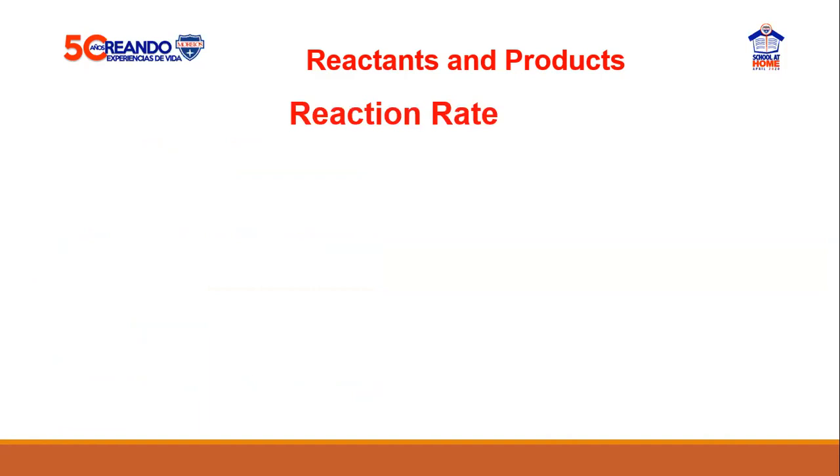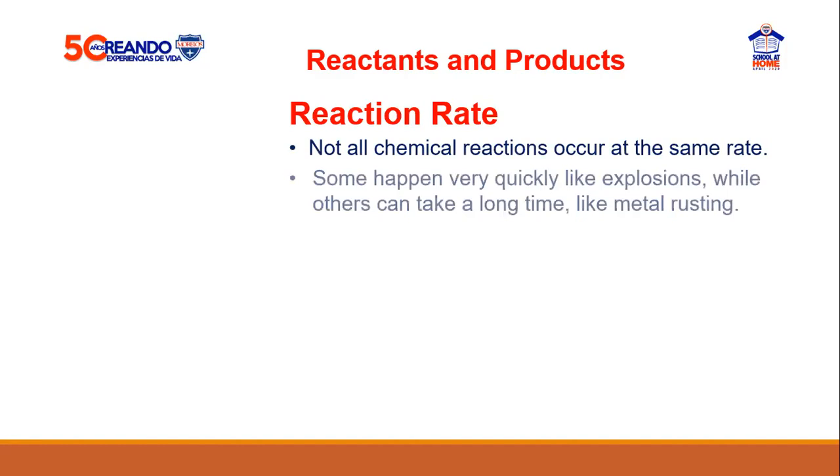Now, what is the reaction rate? Well, first of all, not all chemical reactions occur at the same time. That means some chemical reactions take place faster and other chemical reactions take place slower. That means that the rate can be smaller or the rate can be bigger.